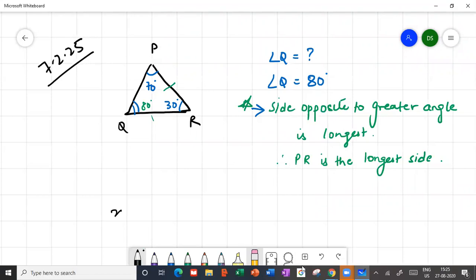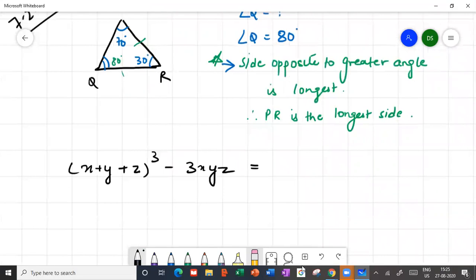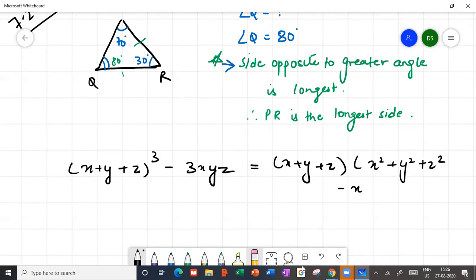x plus y plus z whole cube minus 3(x plus z) is equal to x plus y plus z in a bracket, multiplied by x square plus y square plus z square minus xy minus yz minus zx.